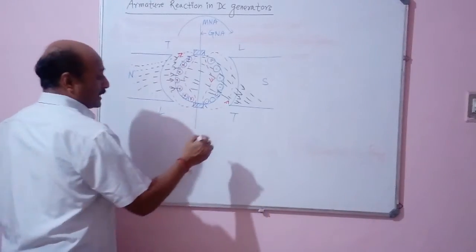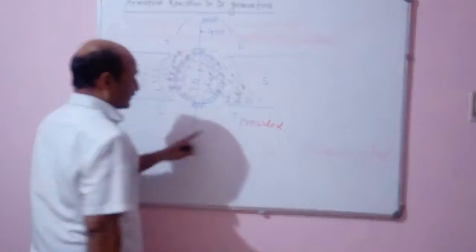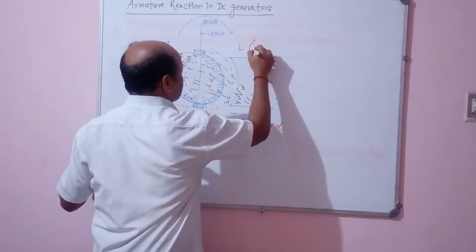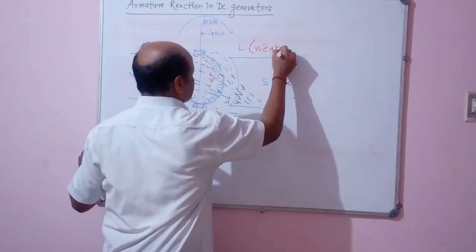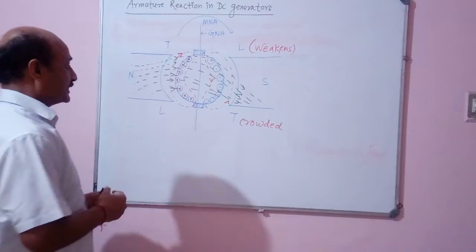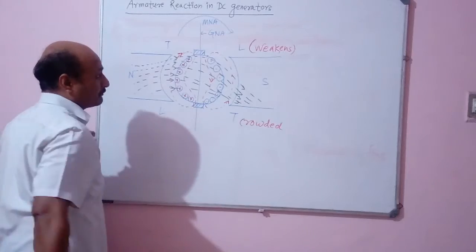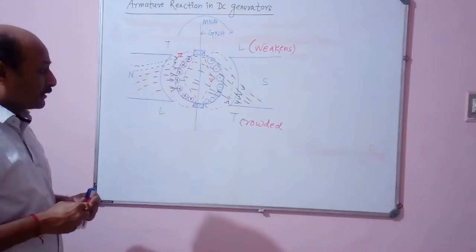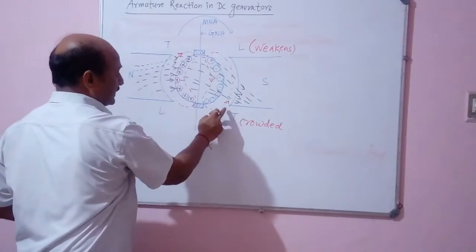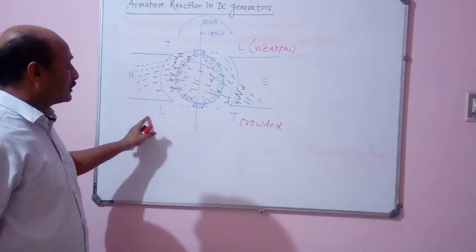So that's why the magnetic field is crowded at the two trailing pole tips and weakens at the two leading pole tips. So the leading pole tip has the weak magnetic field and the trailing pole tip has the crowded, that is, strong magnetic field.